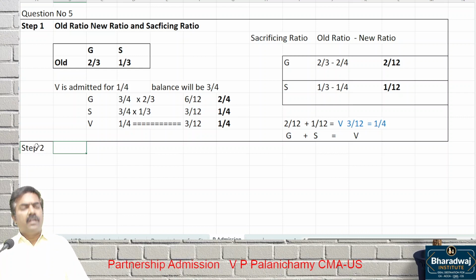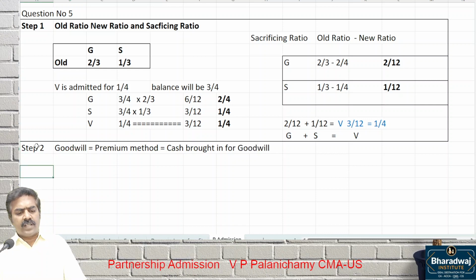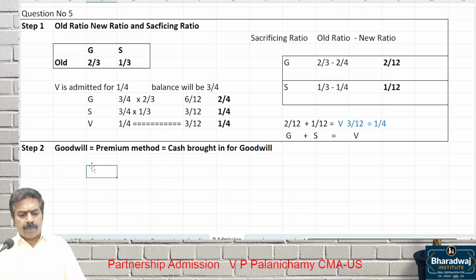Goodwill, which method? Premium method, because cash is brought in for goodwill. What is the cash brought in by the partner? So what is the entry you will pass? Cash account debit to new partner's capital account.